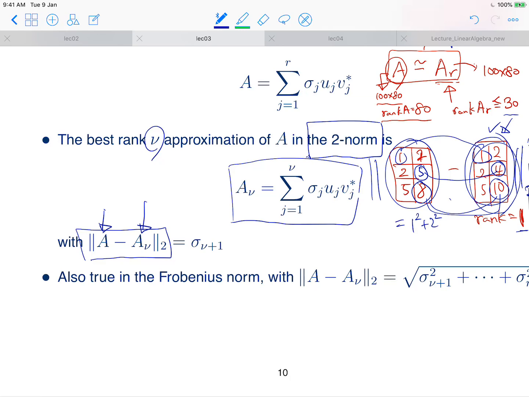In this case, when using this 2 norm, the solution will still be the same. The solution will be just a truncated version of this SVD, maintaining the k largest singular values and their corresponding components.